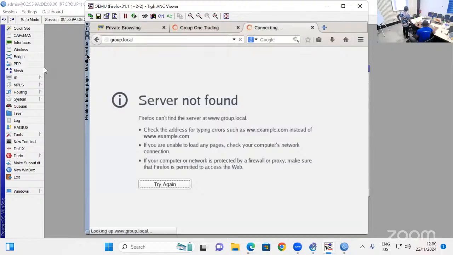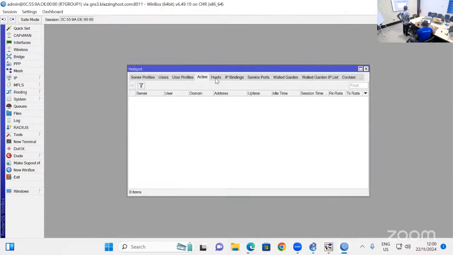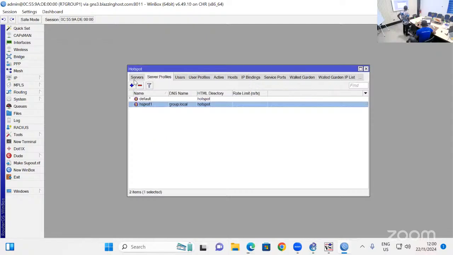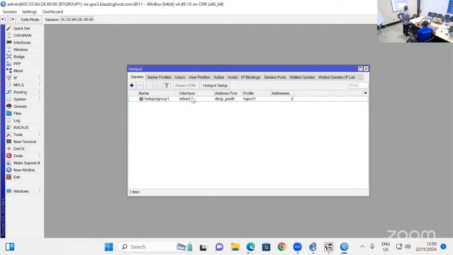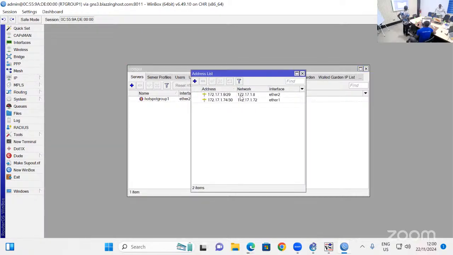Your hotspot is on Eta 2, right? And Eta 2 is the one pointing to your local network.